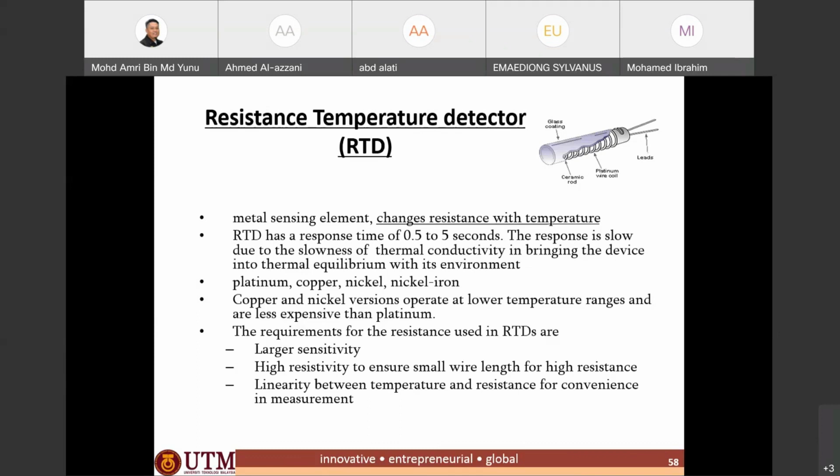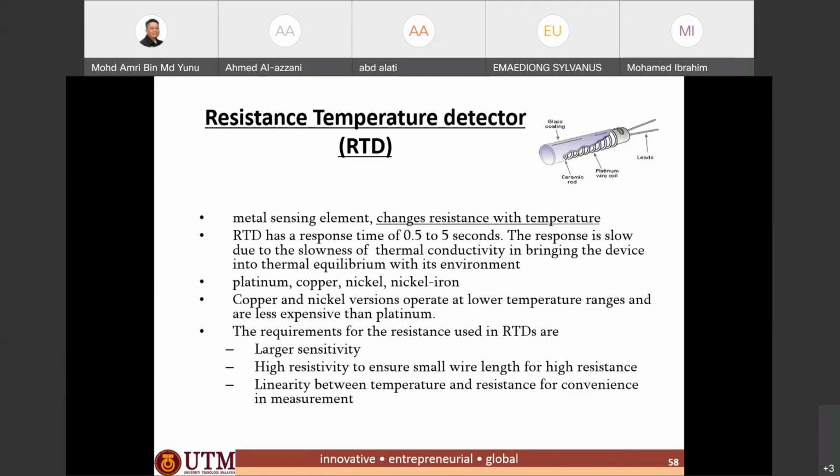And high resistivity of the wire ensures a small wire length for high resistance, in terms of converting the resistance into output voltage.